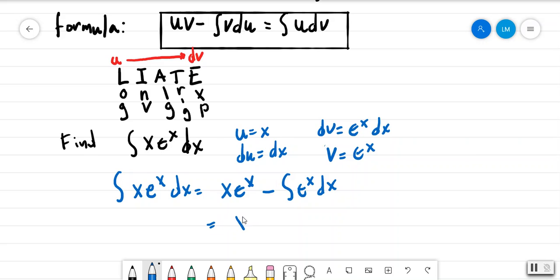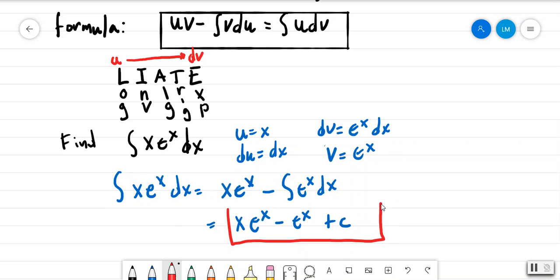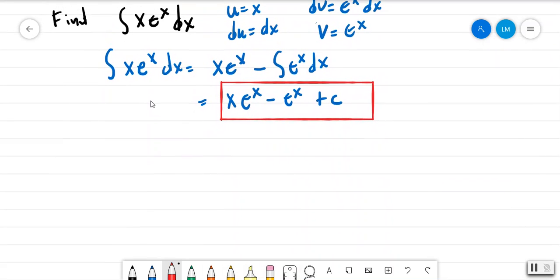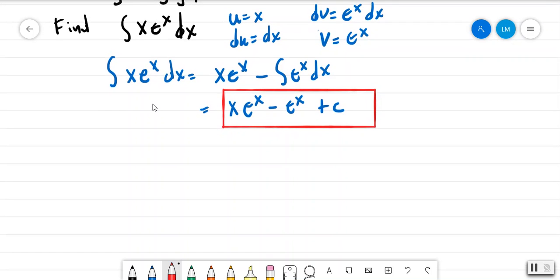So that becomes x e to the x minus e to the x, plus c. Potentially the plus c will come out of the last integral of v du. Okay, so we have our solution as follows: x e to the x minus e to the x. Now if you want to get clever and, for instance, factor out the e to the x, you can.